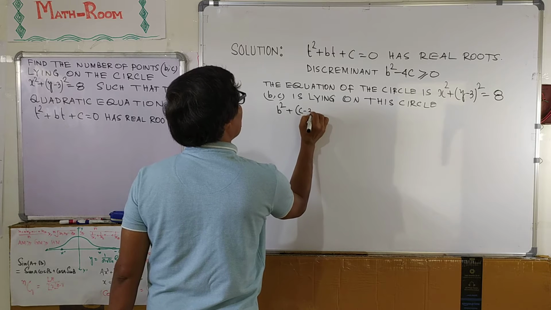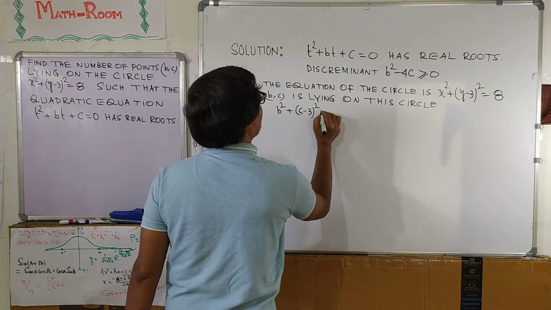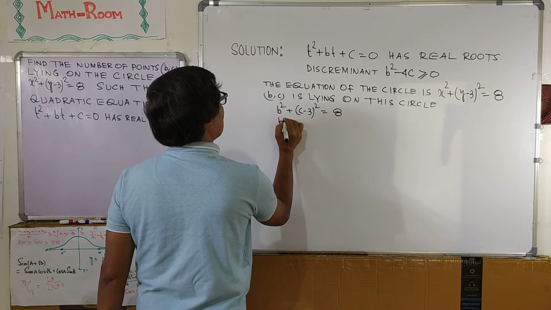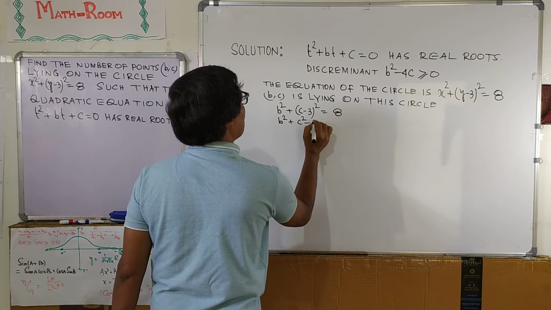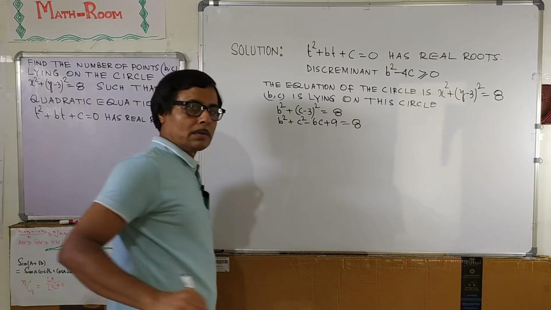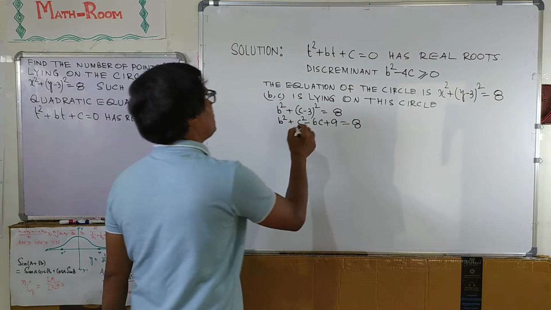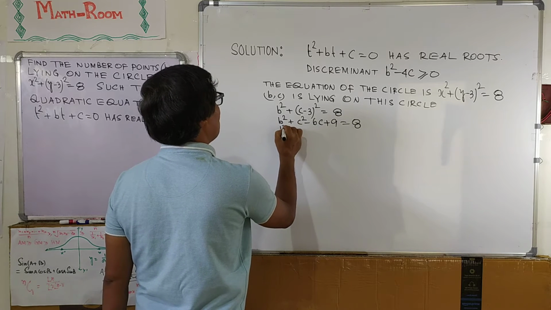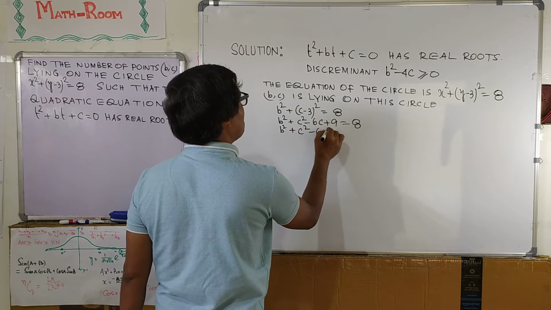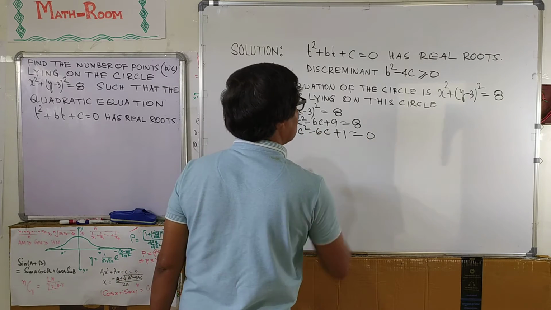That is b squared plus c squared minus 6c plus 9 equals 8, so b squared plus c squared minus 6c plus 1 equals 0.